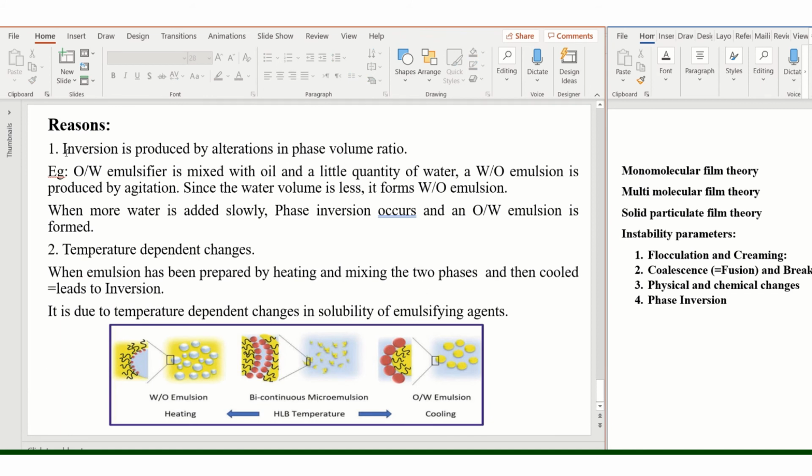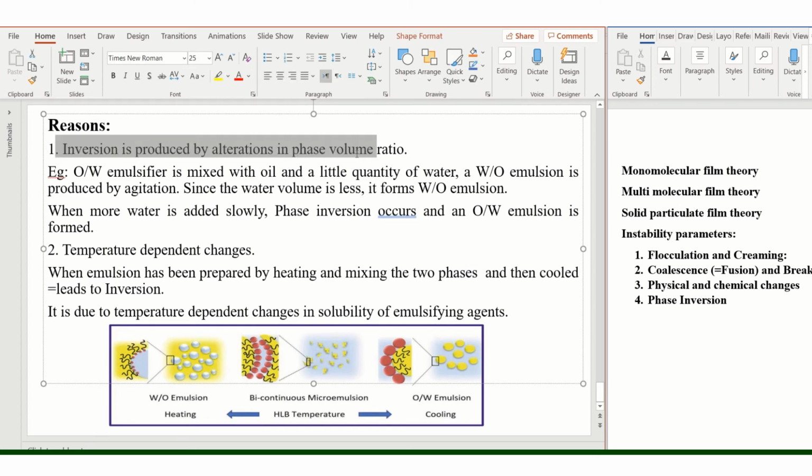Now let's see what the different reasons for this phase inversion are. The first reason is that phase inversion is caused by alterations in phase volume ratio. The statement itself clearly explains it. Let me explain with one example.